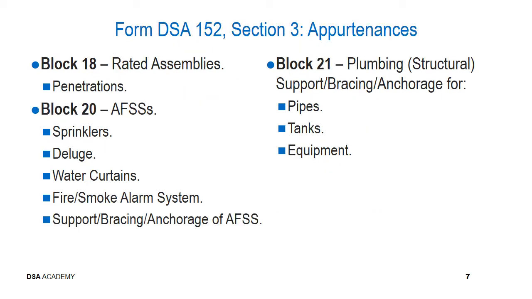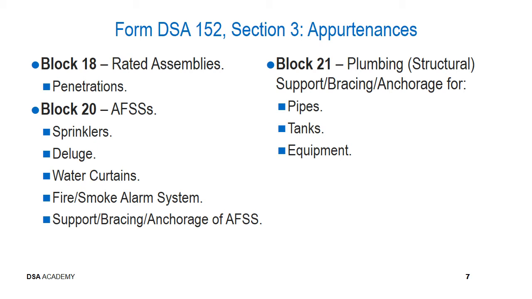Section 3 of the project inspection card, called appurtenances, may also require some initialing by the project inspector. Block 18 is set aside for rated assemblies, and plumbing penetrations through rated assemblies may require review, inspection, and initialing.